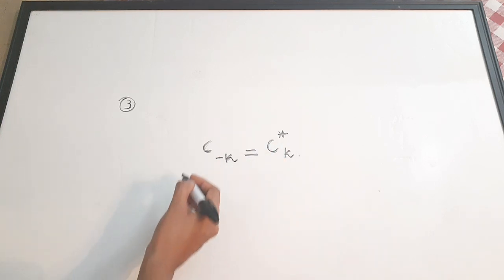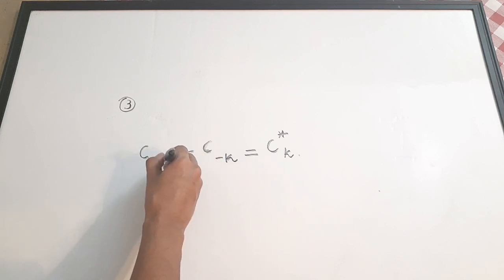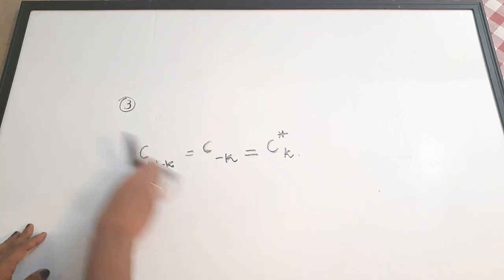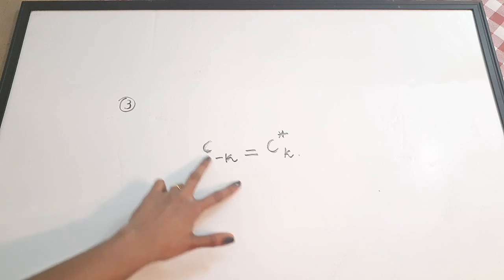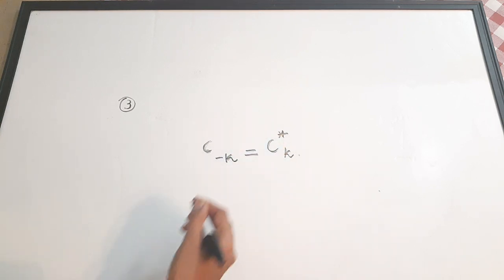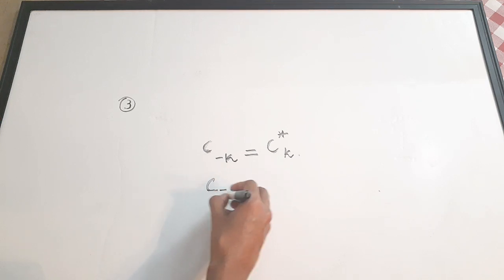Now you can also write this C of minus K as C of N minus K, since the signal is periodic. Now let us remove this term as of now. Just know that C of minus K is equal to C star of K. Now we want to find C of minus 3, right?